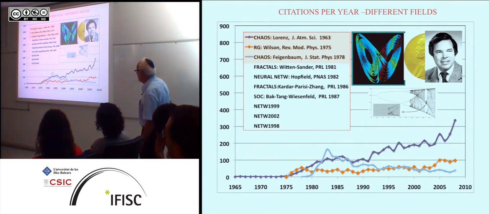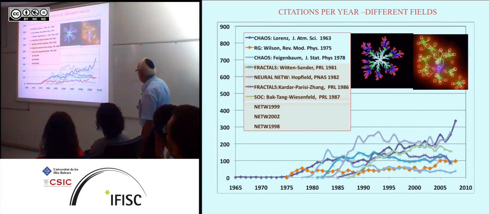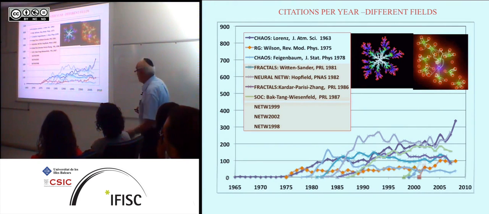You see, they started around 1975, 80, and the citations go from 0 to about 200. When we look at other fields in statistical physics, fractals, neural networks, we look at the main papers and see also that around 200 was the citation after it started in the 1980s, for example by Mandelbrot.